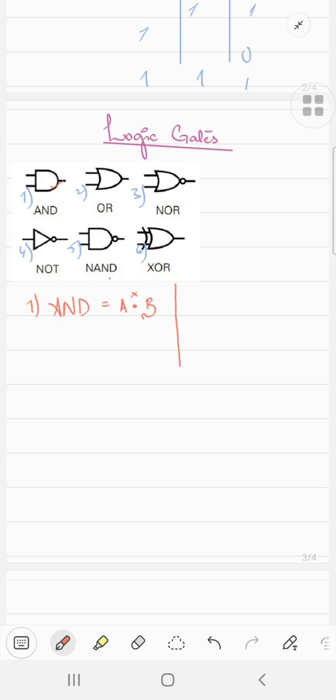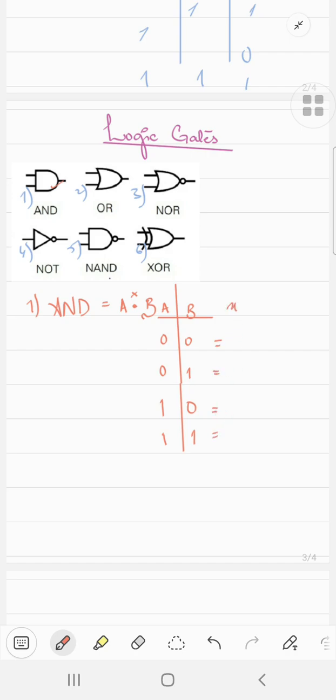I will also give you some examples for it. For example, you are given two inputs A and B, and you have to multiply them.